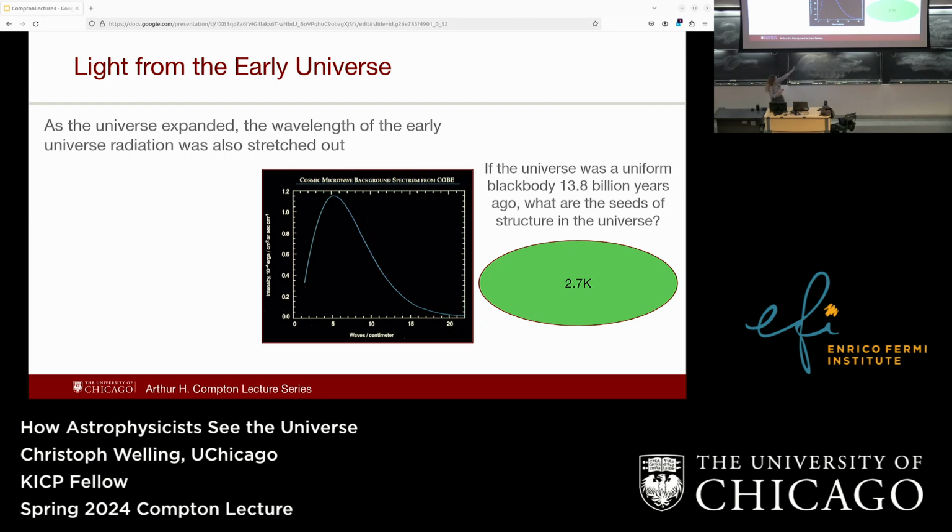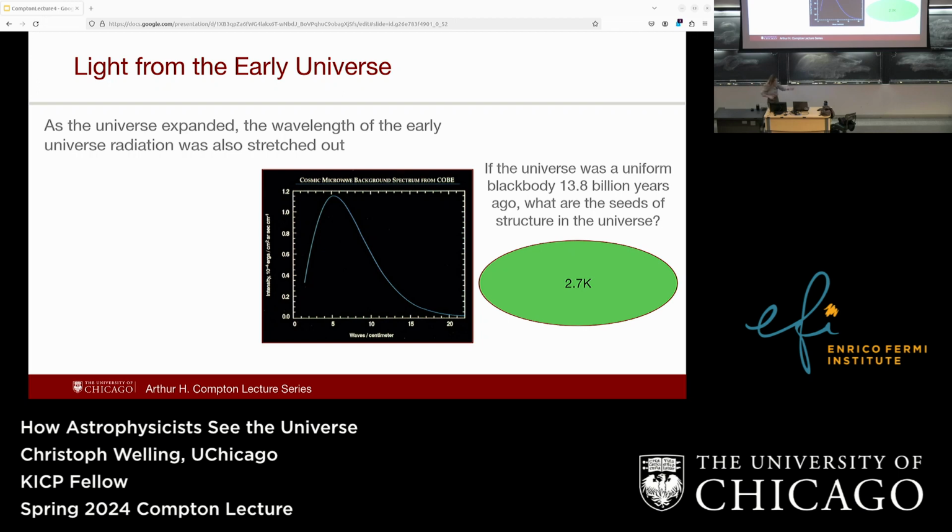And it started much hotter. I keep saying 2.7 or 3 Kelvin, but it started much hotter. It was a dense plasma where all of the energy content of the universe was confined. But as we've also learned, the universe has been expanding, right? So as that light has been traversing through time and space, it's been getting stretched by space-time itself expanding.